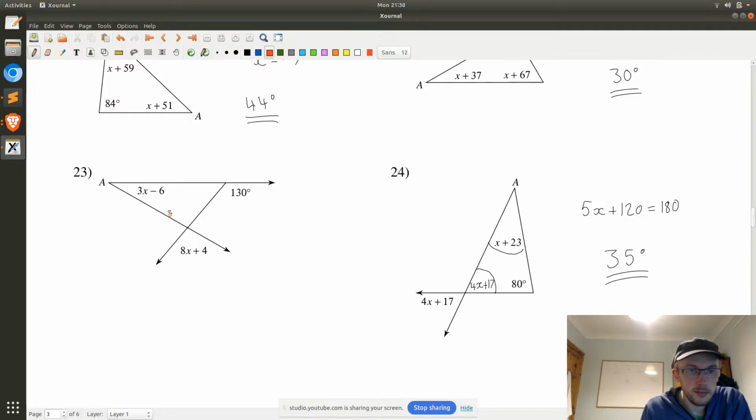But it's 11x take 2. 11x plus 48. That's foolish.